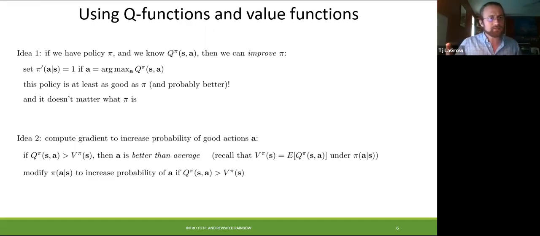There are two different ideas that you can think about with the Q functions and value functions. If we're given a certain policy and we know the Q value, then we can improve the policy, or we can compute the gradient to increase the probability of taking a potentially good action, A. And this is all just recall from last week.